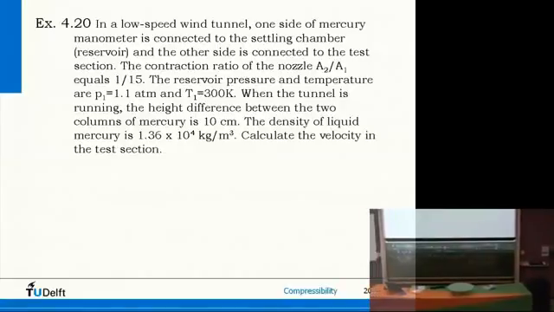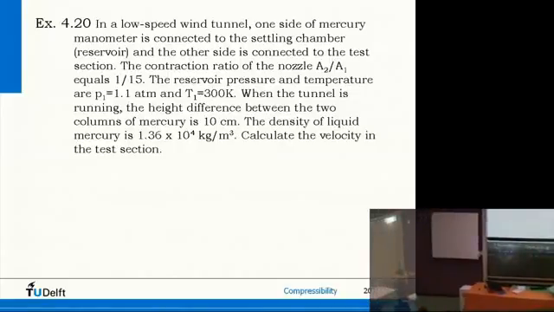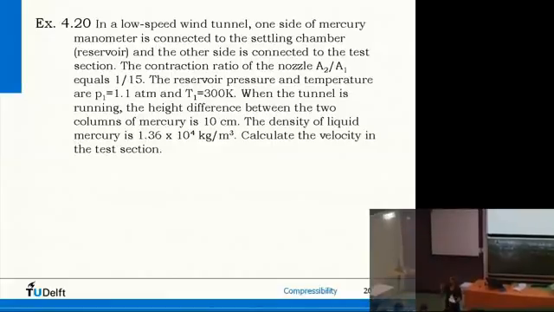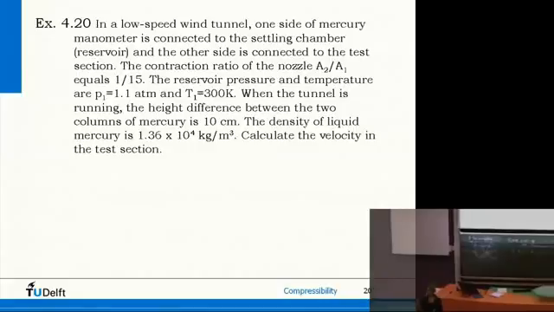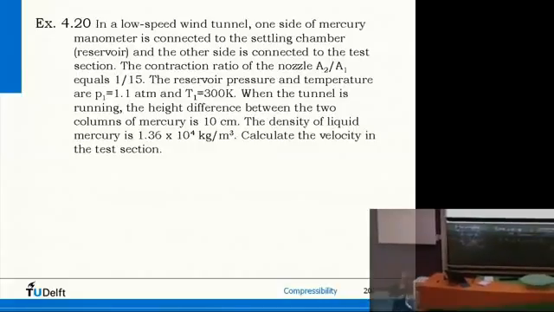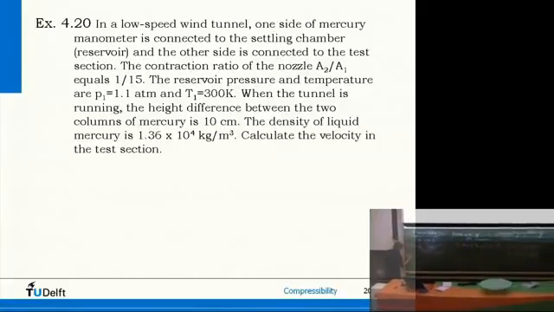Well, it says here low speed wind tunnel, so it is true. Low speed is given. I would recommend, once we have calculated the speed in the test section, which is the fastest section in a subsonic wind tunnel, to check that it's not way beyond 100 meters per second. But good point. So Bernoulli relates pressures to velocities.